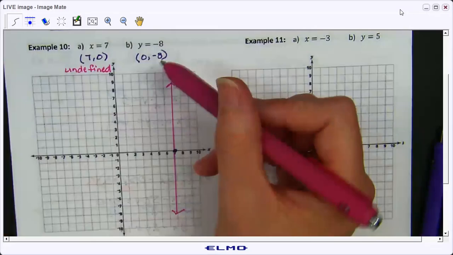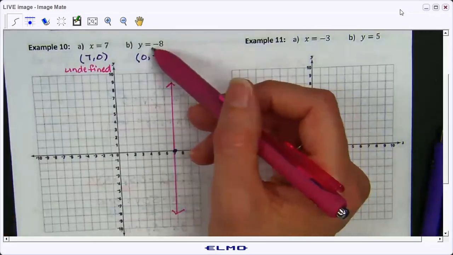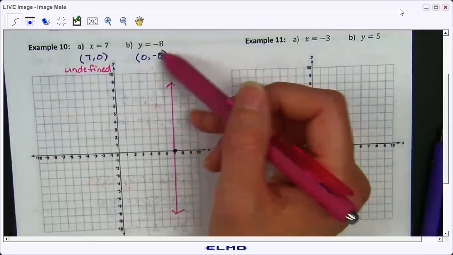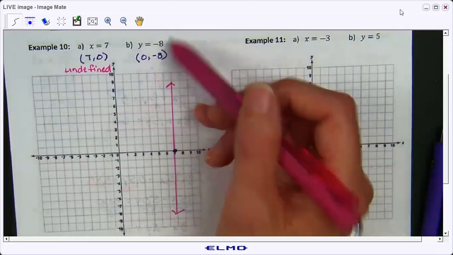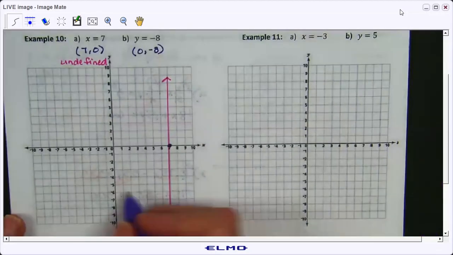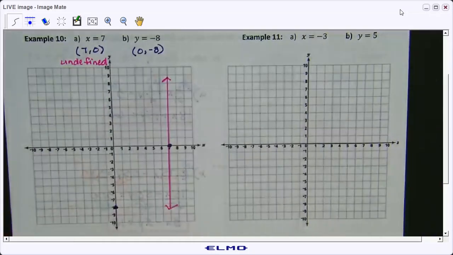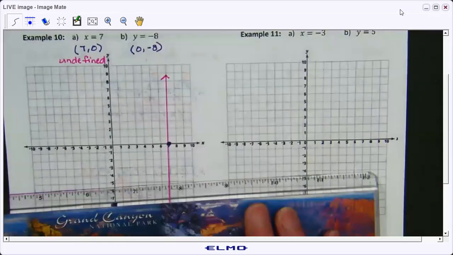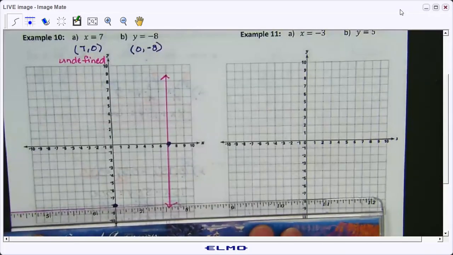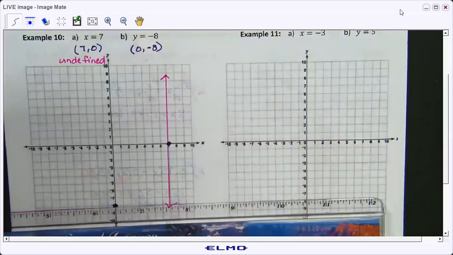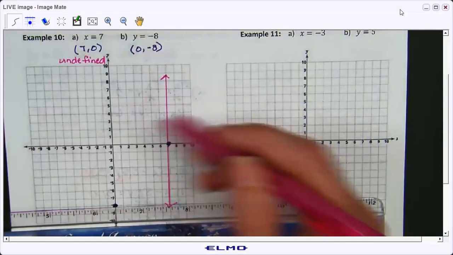Anytime that you have y equals, you're going to plot this point on the y-axis at -8, and draw a horizontal line through the y-axis at -8. Whenever you have these two like this, you will not connect the two intercepts.